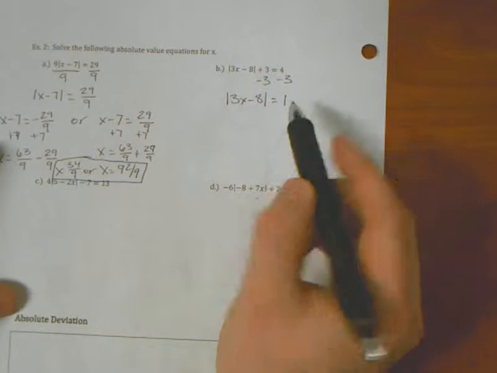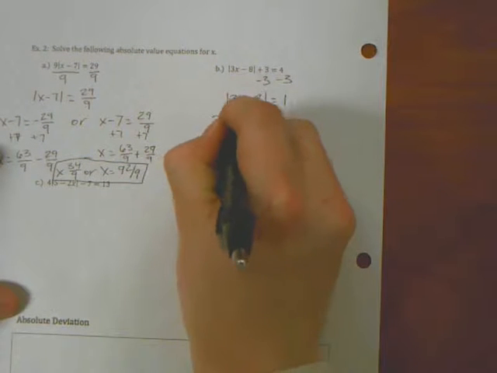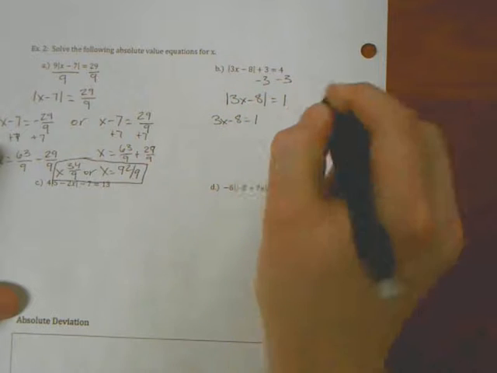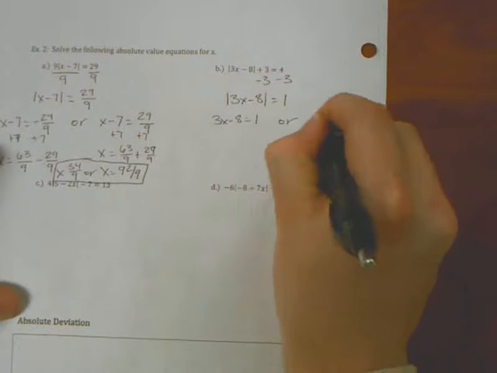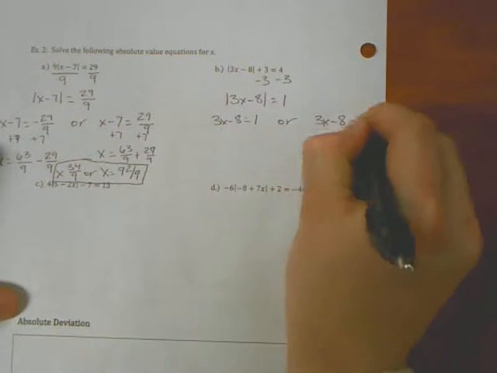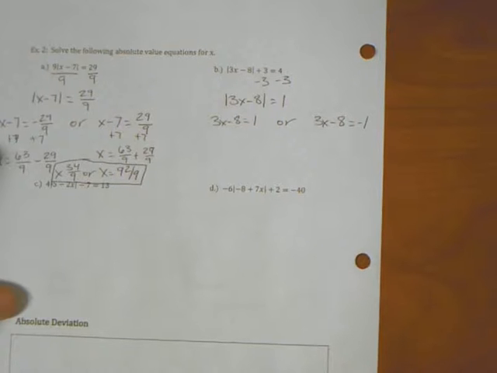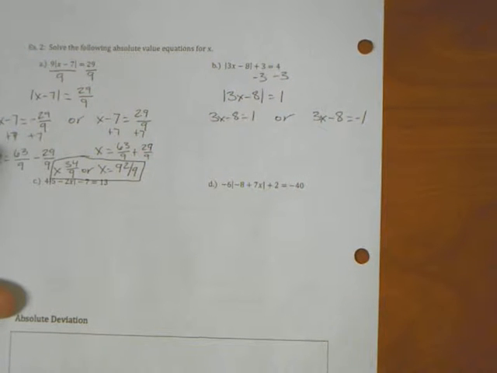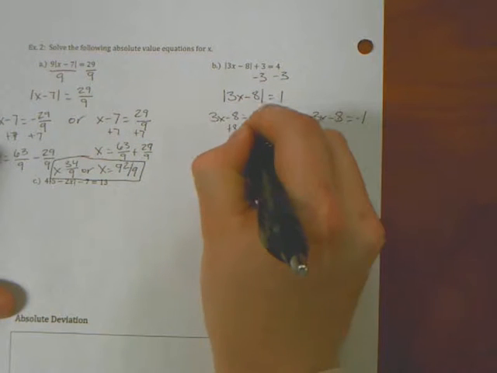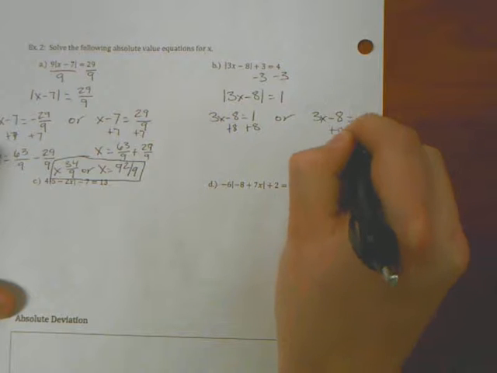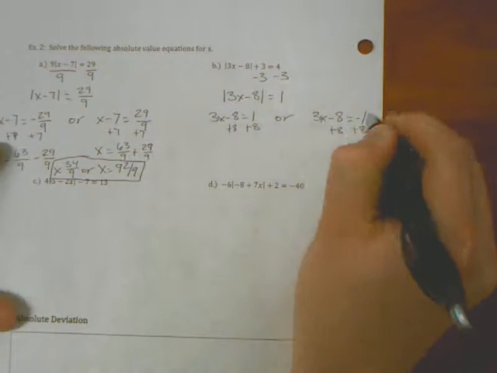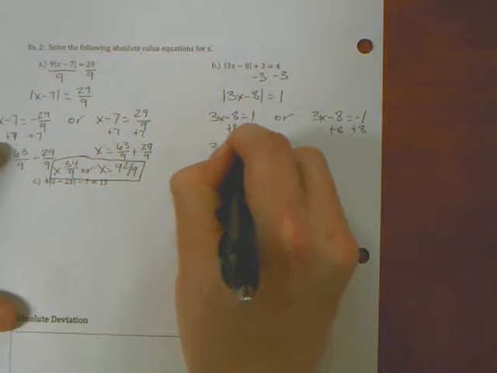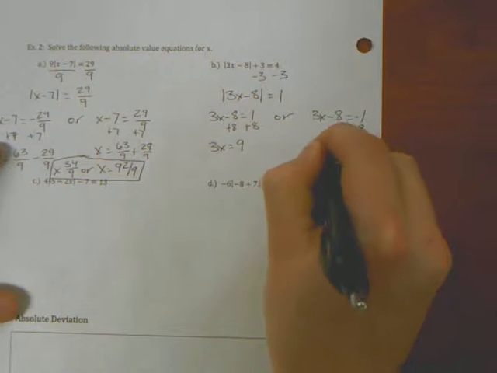So now split it up. We get 3x minus 8 equals 1, or 3x minus 8 equals negative 1. Now solve these equations just like normal. Add 8 to both sides. So I get 3x equals 9, or 3x equals 7.